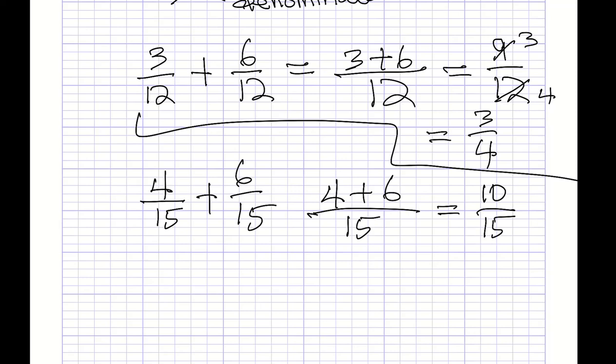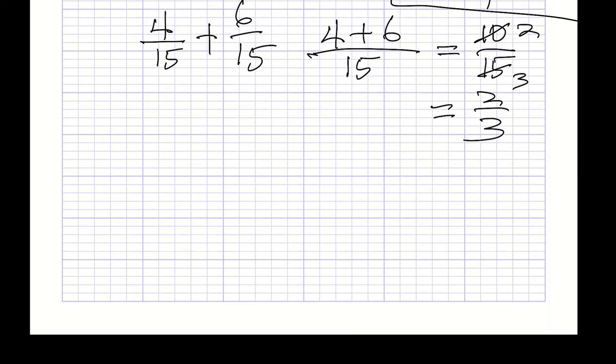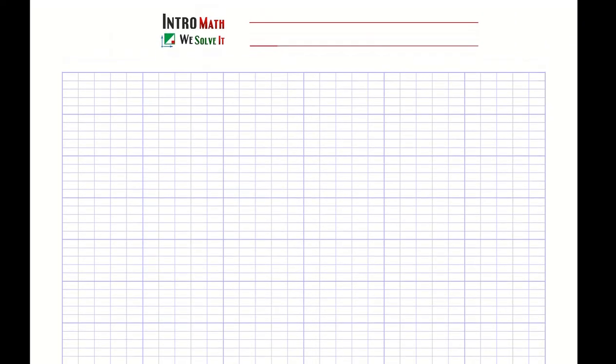Notice that it's not reduced. We should reduce it. You divide this by 5, you get 2. Divide this by 5, you get 3. So it's 2 over 3. You can't reduce it anymore. So the same thing, addition and subtraction, the same thing, man. When you're subtracting fractions, the same thing.